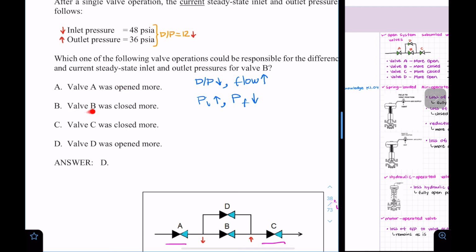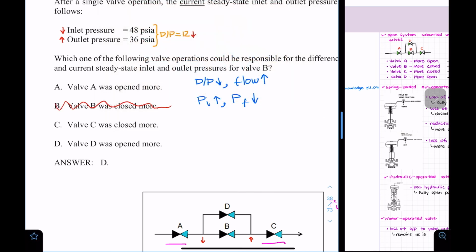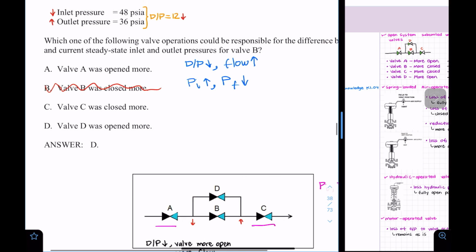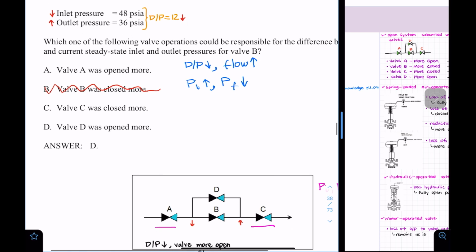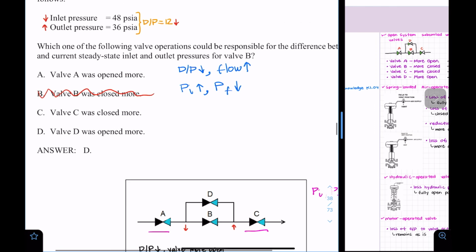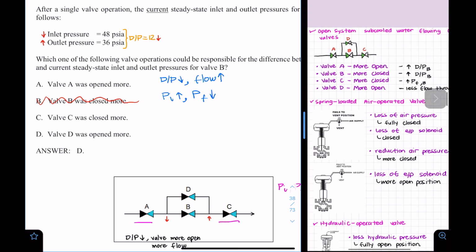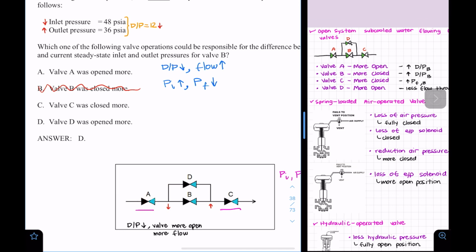But if I go to valve B, it says the valve B was closed more, and that's not the answer. So I'm like, okay, so this is not the answer. So then, since I really don't know, because it's not telling me anything about the flow, I don't know exactly what's going on. So now, it's giving me another option here. It's telling me that valve A was open more, right? But if valve A was open more, these directions would have gone the same direction, right?